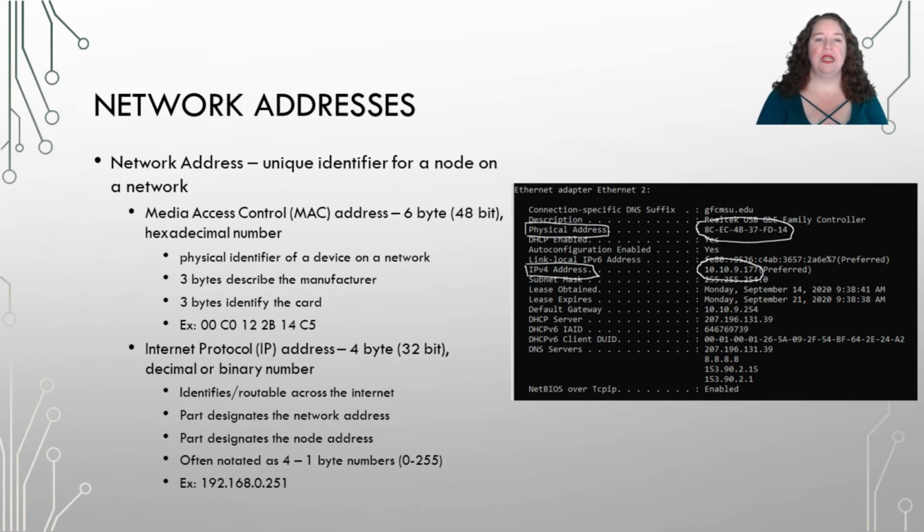With decimal numbers, usually it's 0 to 255 for each byte, and there are 4 octets, or 4 groupings of numbers. So 192, 168, 0, 251 is 4 groupings of an octet, each up to 255 in decimal. You can also have a port, which designates some information, the network, and a port that designates the node address.